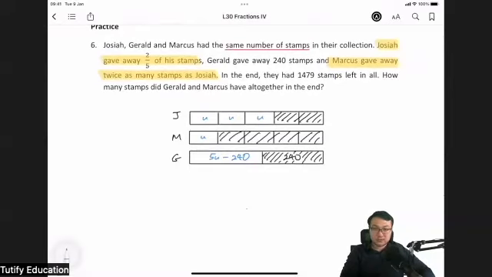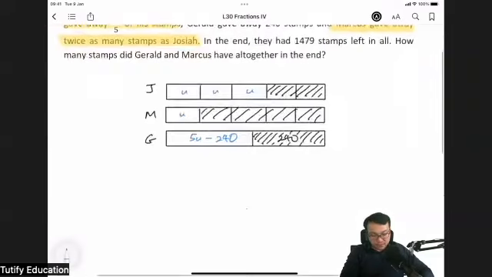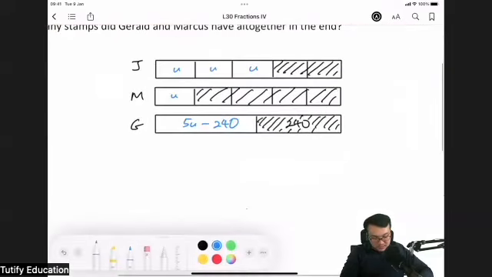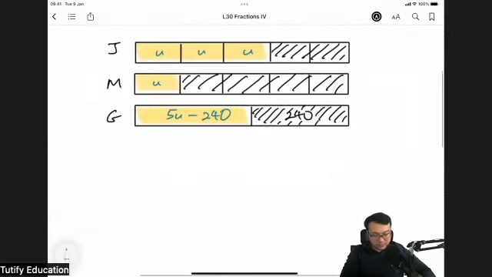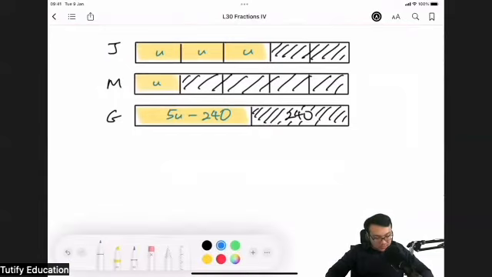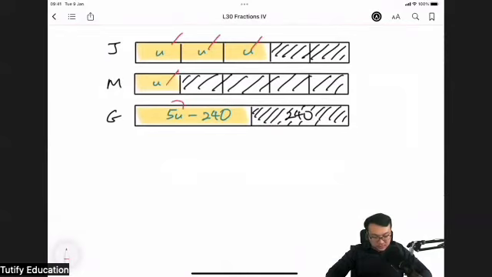In the end, they have 1479 stamps left. How many stamps did Gerald and Marcus have altogether? In the end, they have 1479 left. Can you help me count? This is left, this is left, this is left. Brielle, can you count how many units are left? 9 units, correct. 4 plus 5 is 9.